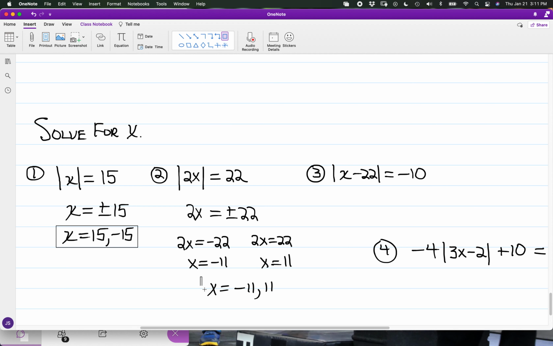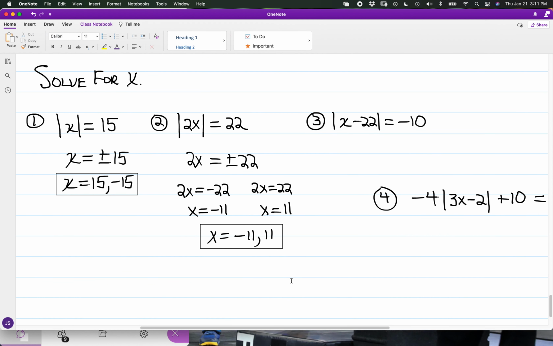Now, for the third item, we have that the absolute value of x minus 22 is equal to minus 10. Here we have the absolute value of x minus 22, and k is represented by negative 10.